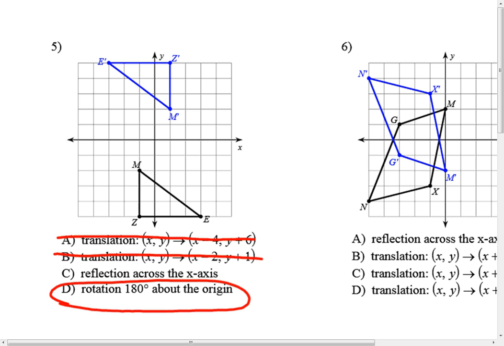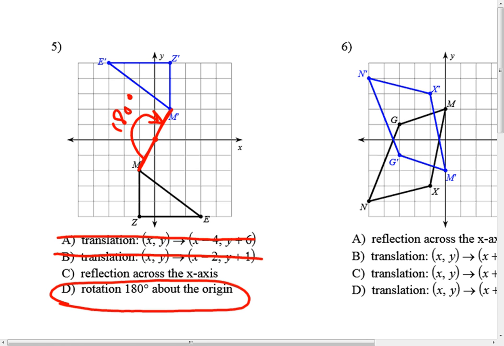Let's check using my handle method. Go to the origin. Which is our pre-image, M or M prime? M. Let's connect it. Make a handle. I'm going to turn this until my handle ends up at M prime. How many degrees have I moved the handle? Oh my God. 180 degrees.